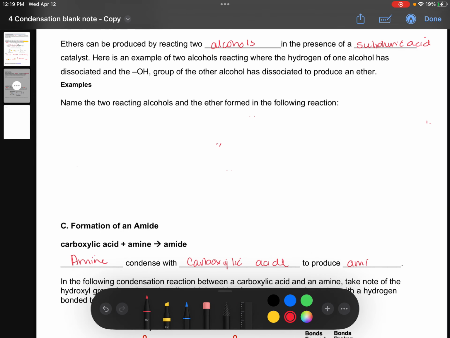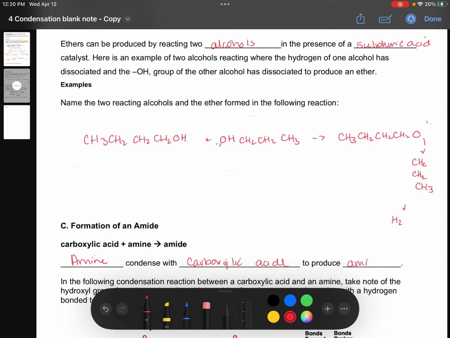In the example here, I'm going to give you an example, and then you are going to name the alcohols and the ether that is formed. So we have CH3, CH2, CH2, CH2, OH plus OH, CH2, CH2, CH3, and this reacts to produce CH3, CH2, CH2, CH2, O, CH2, CH2, CH3.